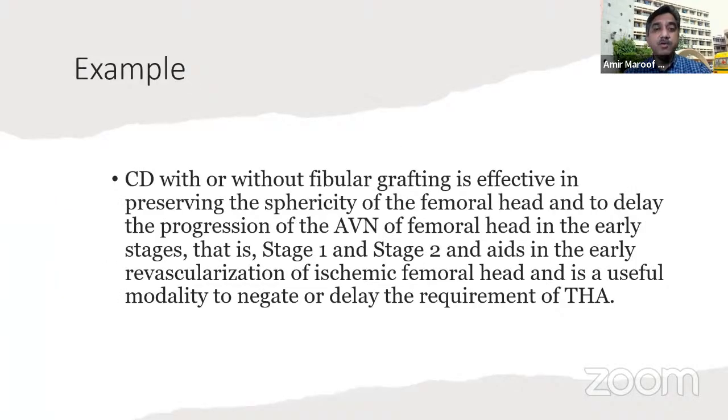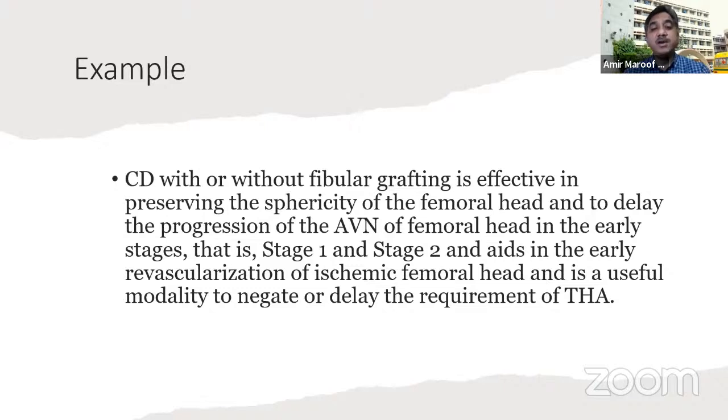So this is an example of the study that I started with. It mentions that core decompression with or without grafting is effective in preserving the sphericity of the femoral head and delaying the progression of AVN of the femoral head in early stages, aids in early revascularization, and is a useful modality to negate or delay the requirement of THA. So this sums up what the study has found.